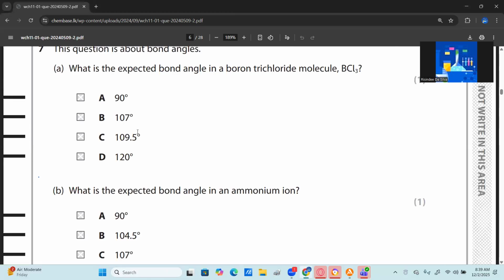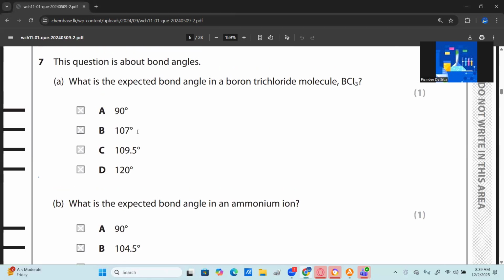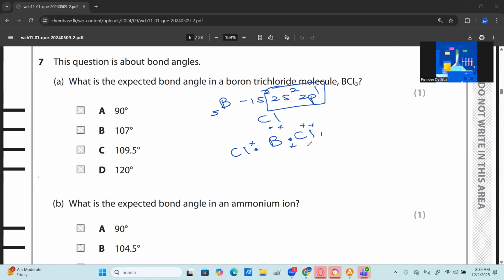This question is about bond angle. We need to find the bond angle of BCl3. First, we need to write the electronic configuration. Boron is 5: 1s2, 2s2, 2p1. If you take the second energy level as the outermost shell, it has only 3 electrons. As we have 3 chlorine atoms, all 3 electrons will bond with the 3 chlorine atoms. I can draw the dot cross diagram like this.